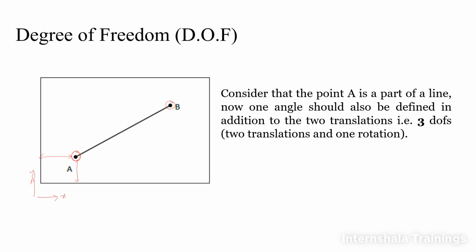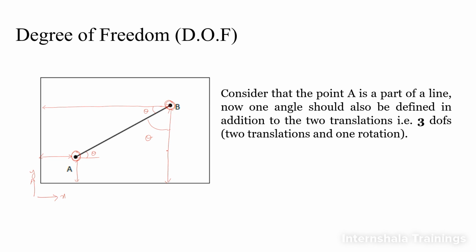Now I want to define the position of B. For that purpose, I need to rotate this particular line about the x-axis. So this is nothing but theta, which will become the 3rd dimension. Or let us say I want to define the position of B first and then define the position of A. Then I will define the distance between y-axis and the point B and x-axis and point B. Then with respect to x-axis, or let us say with respect to y-axis, I will create a theta.